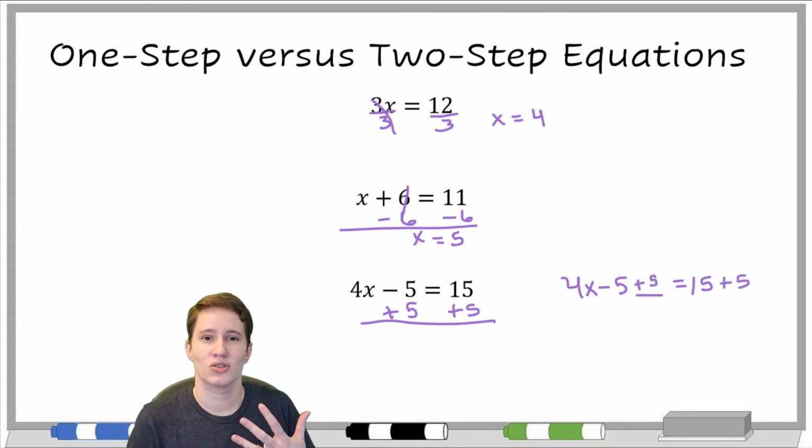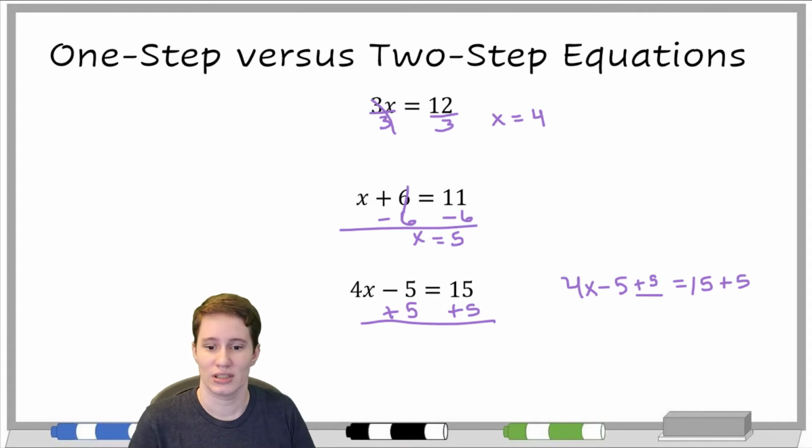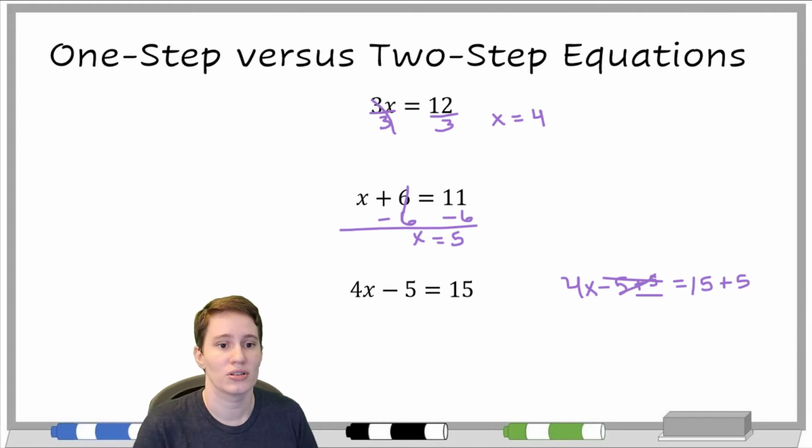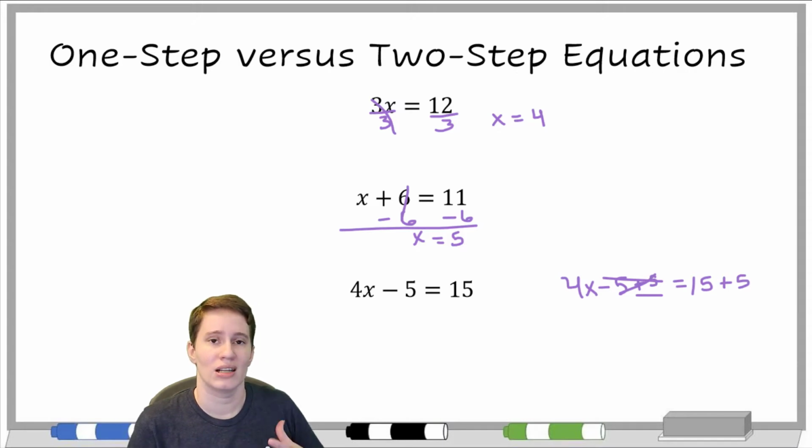And it's just that we get to choose to do negative 5 and plus 5 together, so those cancel out and we're still left with 4x. If I instead decided to divide by 4 first, if I divide all of the left side by 4, that's going to look like this.